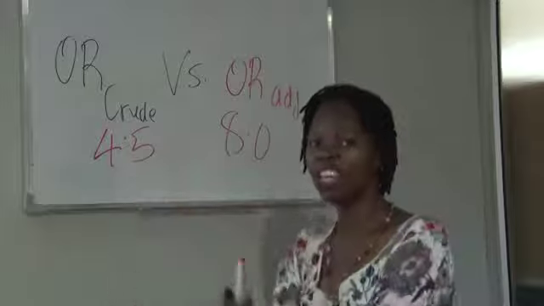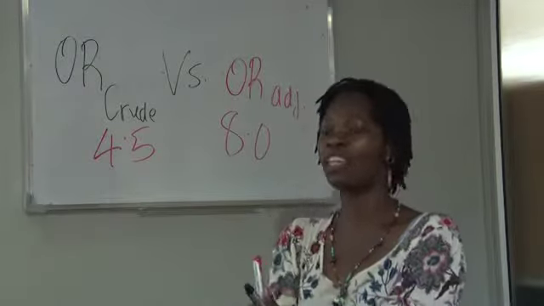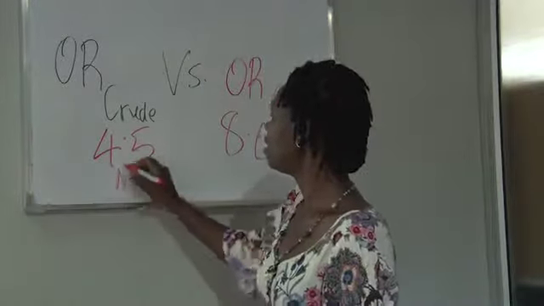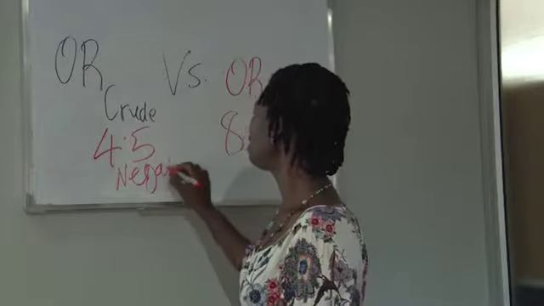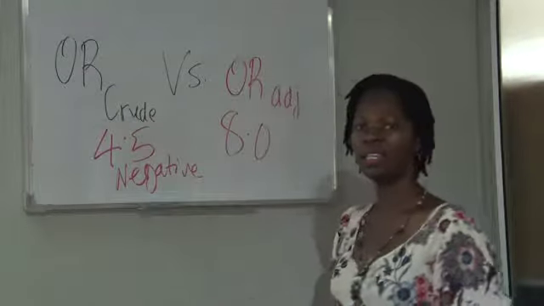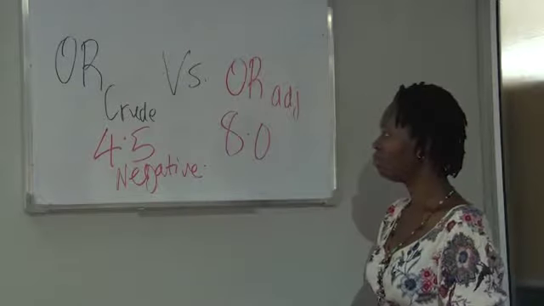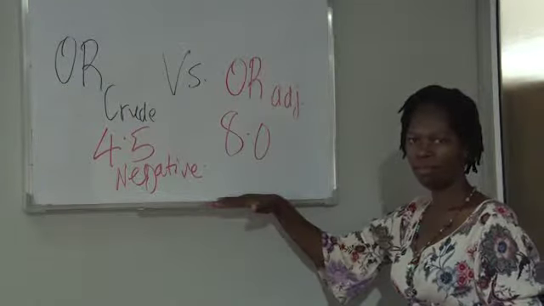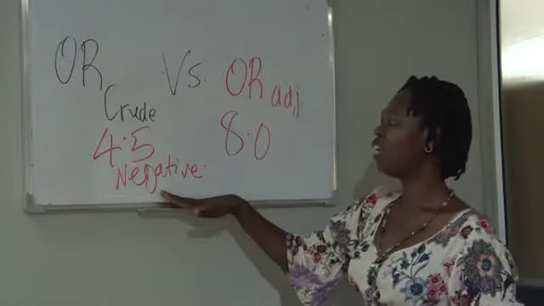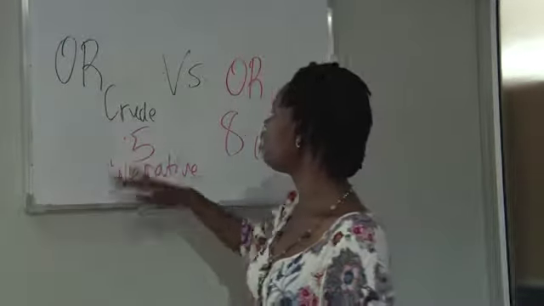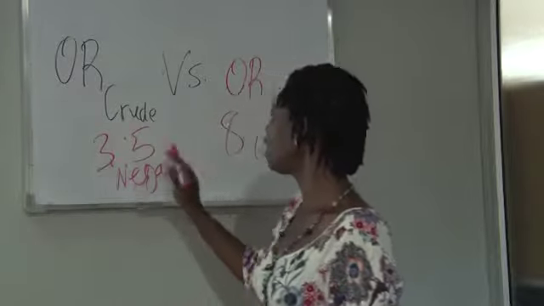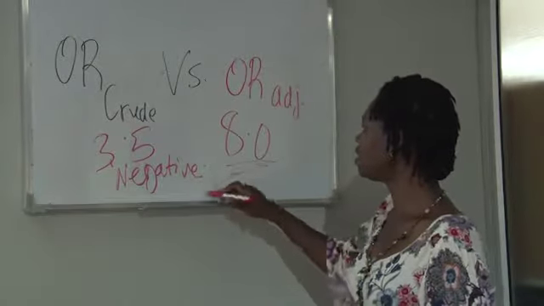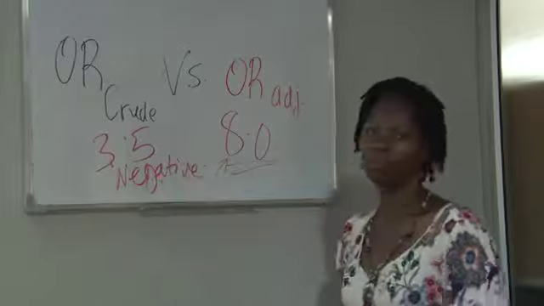It was dwarfing it, in other words. It had weakened it. That is the negative confounding. It means it had confounded it in a negative direction. Okay? It had taken away from the true one. It had made it weaker. It looks 4.5. It could even look 3.5. After adjusting, it bulges up to 8. It means it had negatively confounded it.